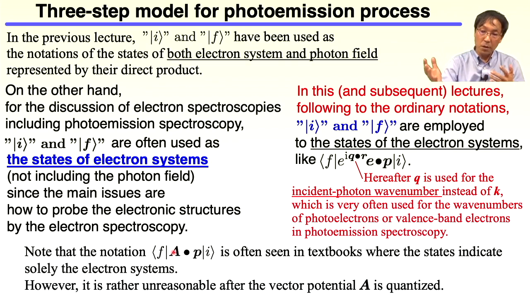But when we measure the photoemission, the interesting point is how to probe the electronic structure. Therefore, I or F are often used for representing the electronic structure or states of the electron system solely. Okay?